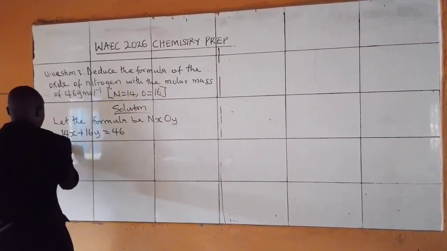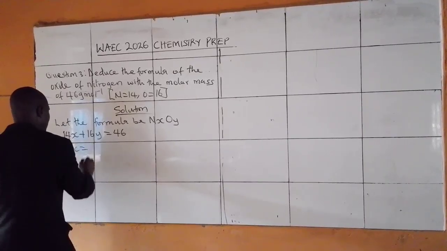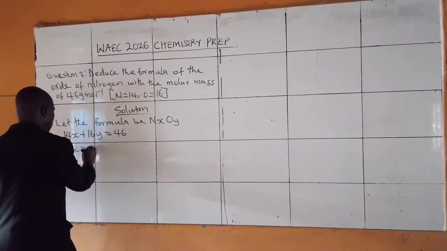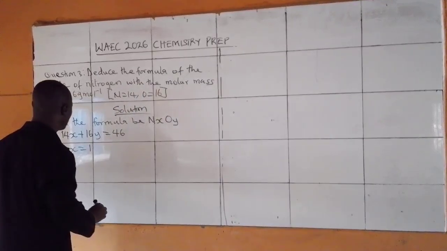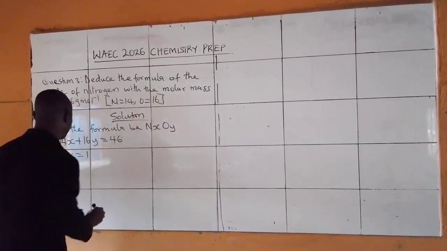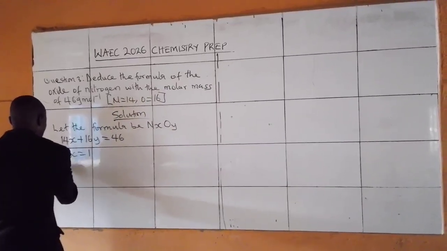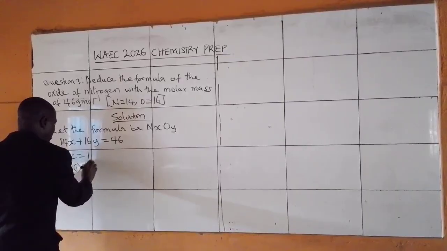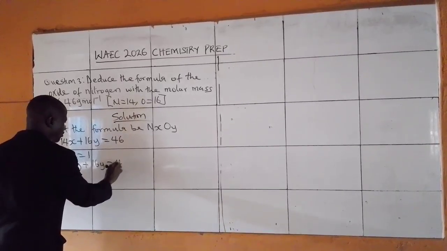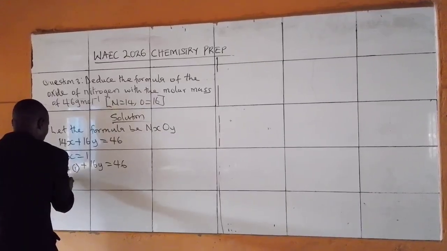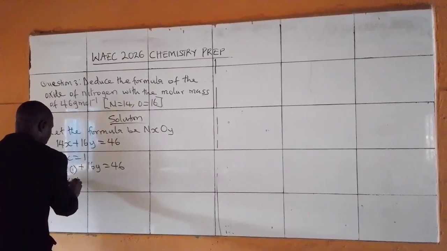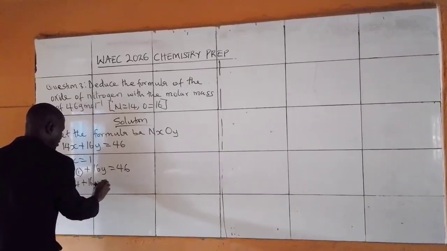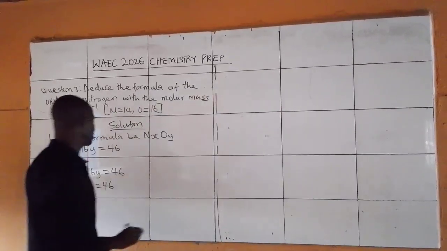Now let x is equal to 1. When x is equal to 1, it means that we have 14 into 1 plus 16y is equal to 46. Then we have 14 plus 16y is equal to 46.